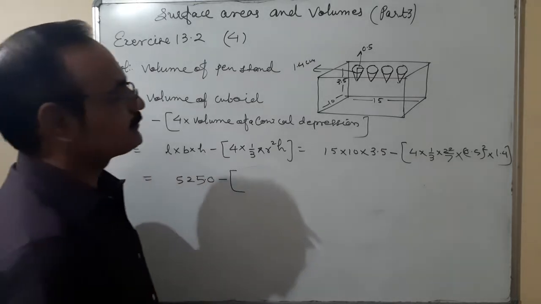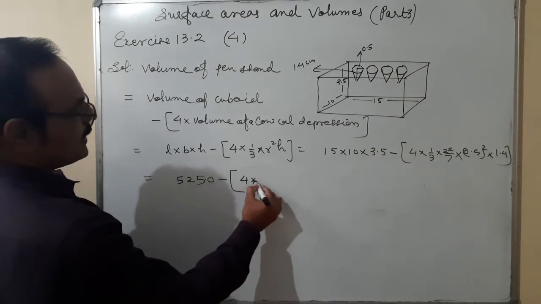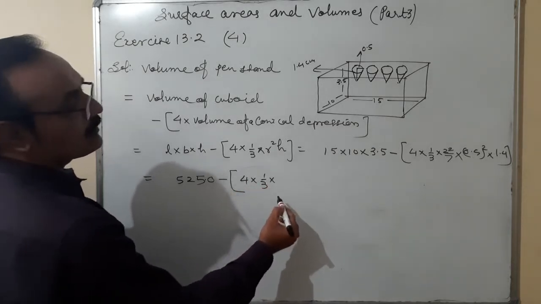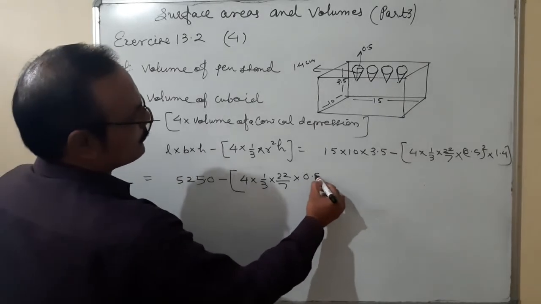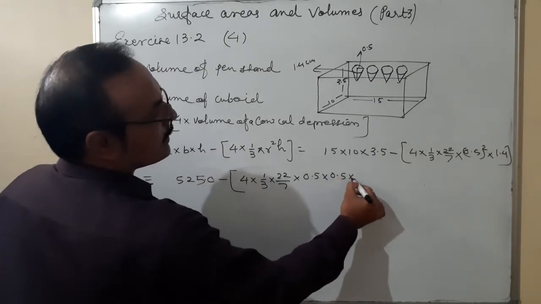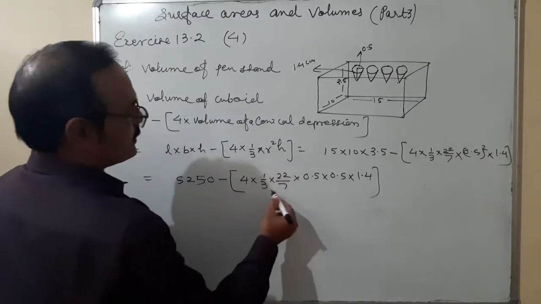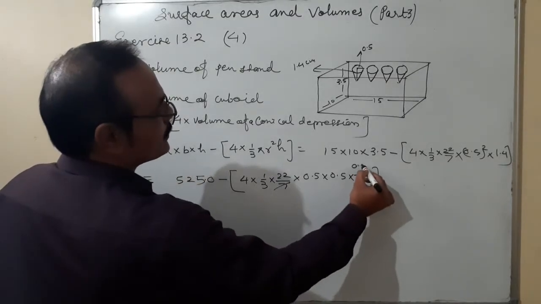Here what should be done? 4 multiplied by 1 by 3, 22 upon 7 into radius 0.5 multiplied by 0.5, height is 1.4. So this 7 will be cancelled, 0.2.